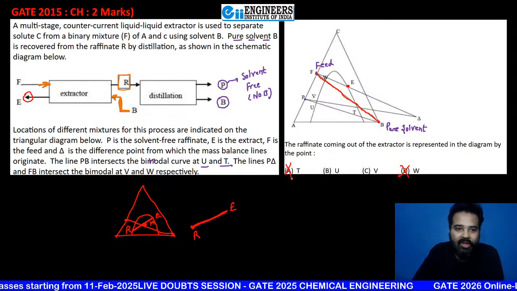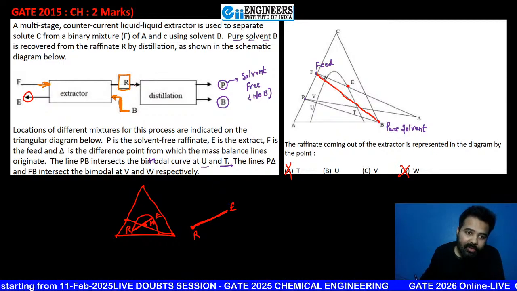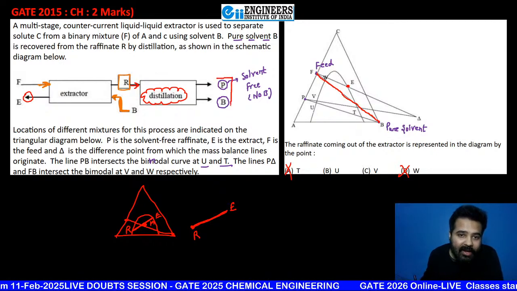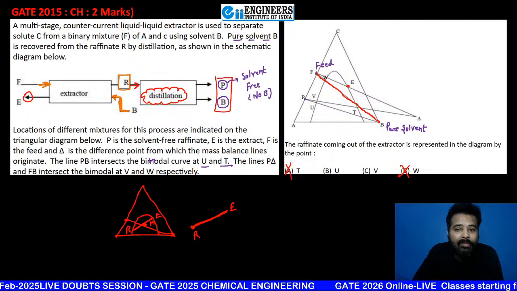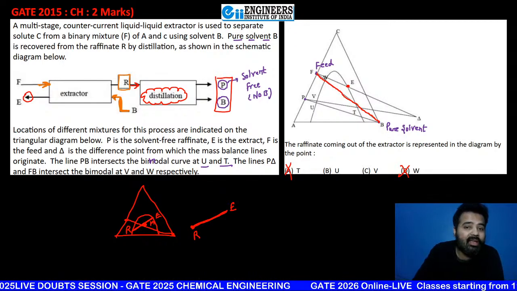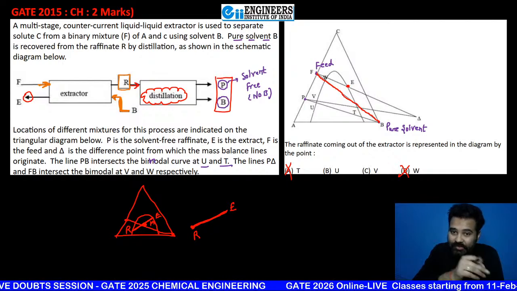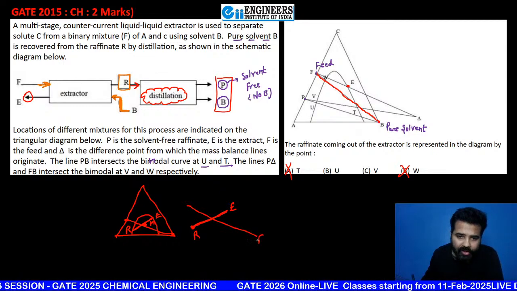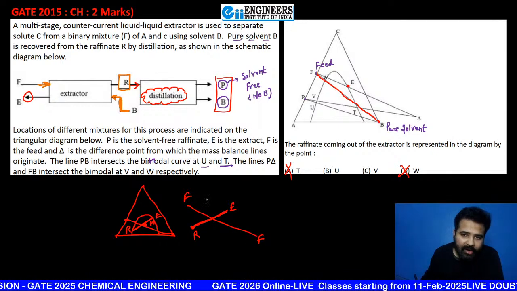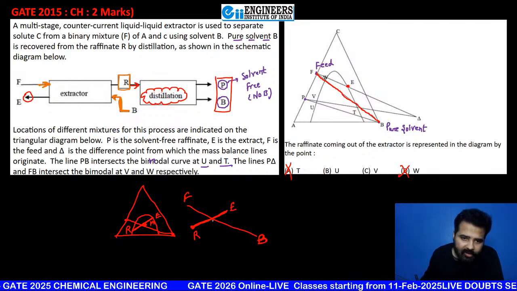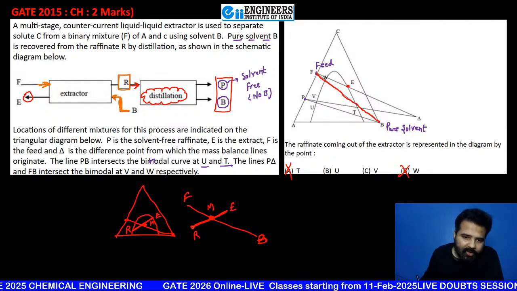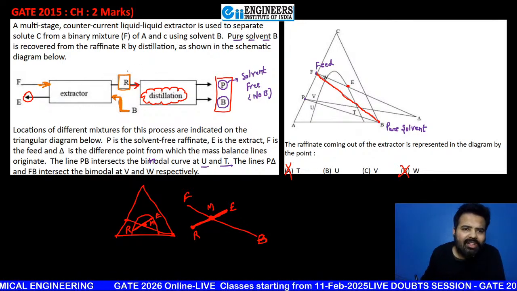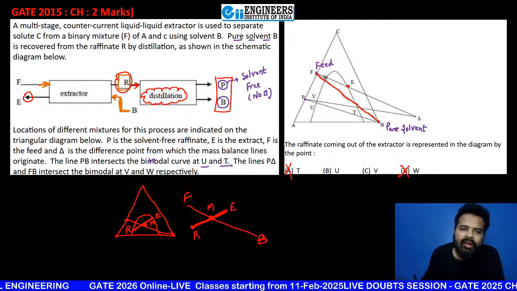U and V. Okay. Now just tell me beta, this R, if you are feeding it to a distillation column, then you are getting P and B. That means if this is your feed, and this is your solvent, and they are mixing with each other at this point, and after separating you are getting R and E, and now you are mixing nothing with R. You are just sending this R to the distillation column.